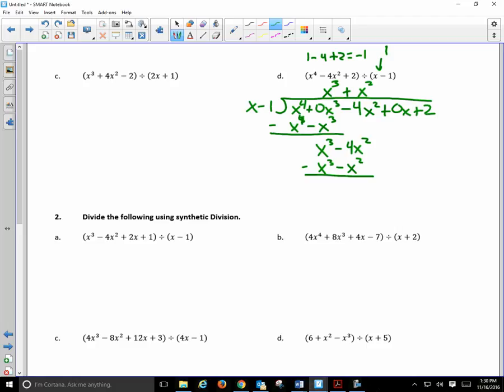Negative 4x squared minus a negative x squared. Very good. Negative 3x squared. I'll drop down the 0x. What do you multiply x by to get negative 3x squared? Negative 3x.